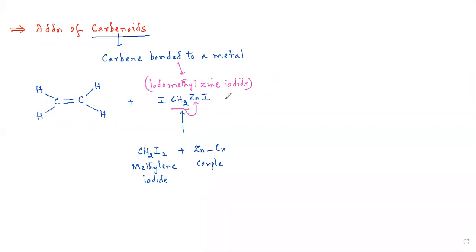Now, look at this. See, basically, this reaction of the formation of iodomethyl zinc iodide from methylene iodide and zinc copper couple is called the Simmons-Smith reaction. Of course, the overall reaction is the same.